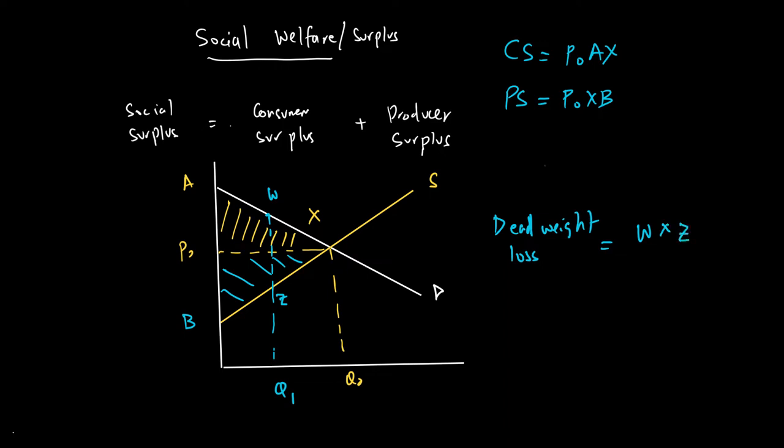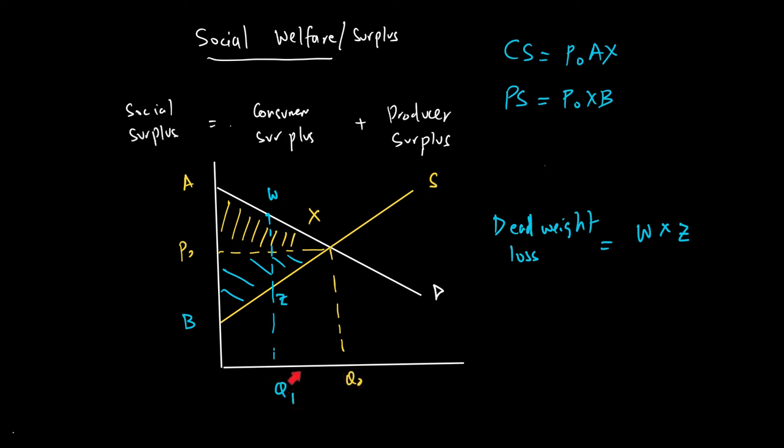So therefore, it is in society's benefit to produce at the point where demand meets supply, where consumer surplus and producer surplus will be maximum, and society's or community's welfare surplus will also be maximum.